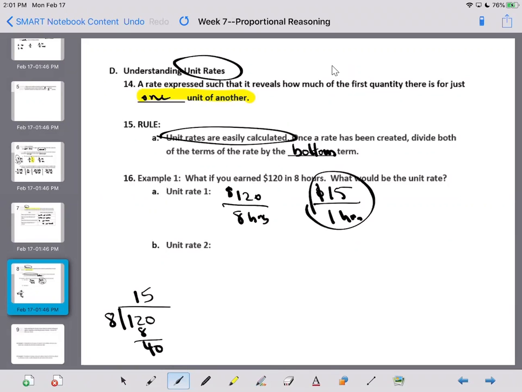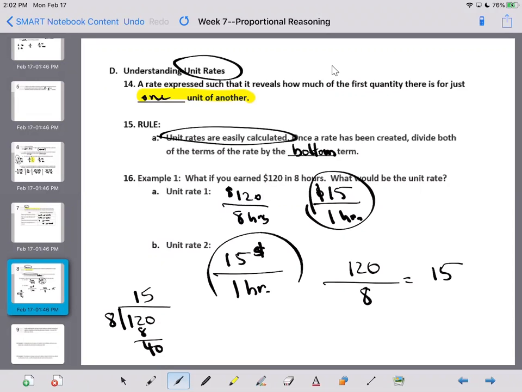Now, if you're going to type this into the calculator, you would type in 120 first and 8 second. That's exactly how you would type it in, and what you would see is 15. So $15 per 1 hour would be your unit rate.